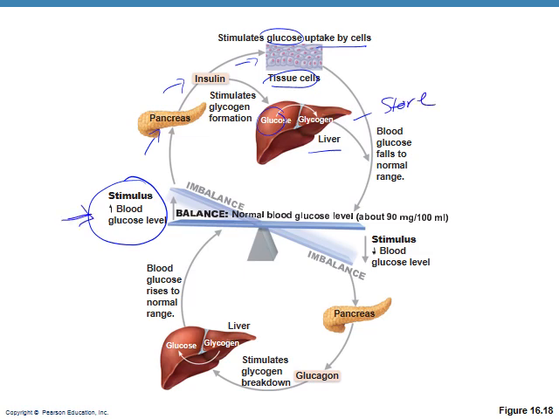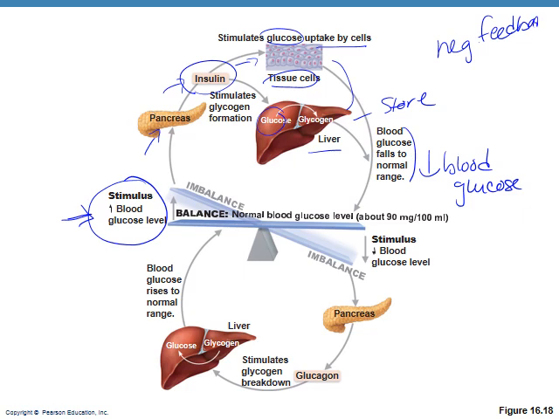So if your blood glucose level was high, and insulin is released and these two events occur, what's going to happen to your blood glucose? It's going to fall. Do we see how this is negative feedback? We're doing the opposite. It was elevated, now it's lowered.